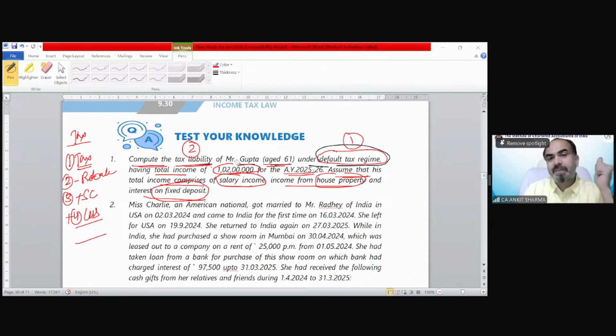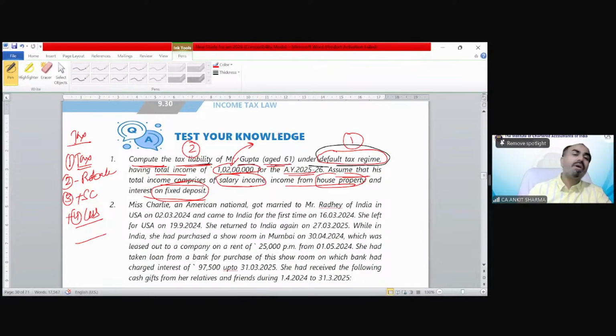And now please remember one more thing. Whenever the total income given in a question slightly exceeds the amount up to which there is no surcharge, or the amount at which the surcharge rate changes, because the income has been given as 1 crore 2 lakh rupees, the surcharge rate changes at rupees 1 crore.